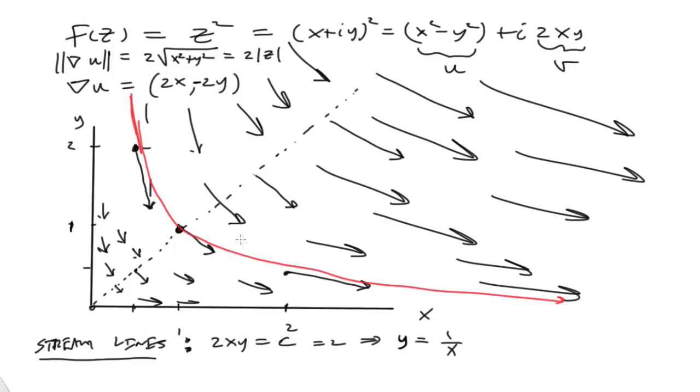Like that. And likewise, if c is a different value, say, call it 4, then of course you're going to get y equal to 2 over x. So if x is equal to 1, then y is equal to 2.